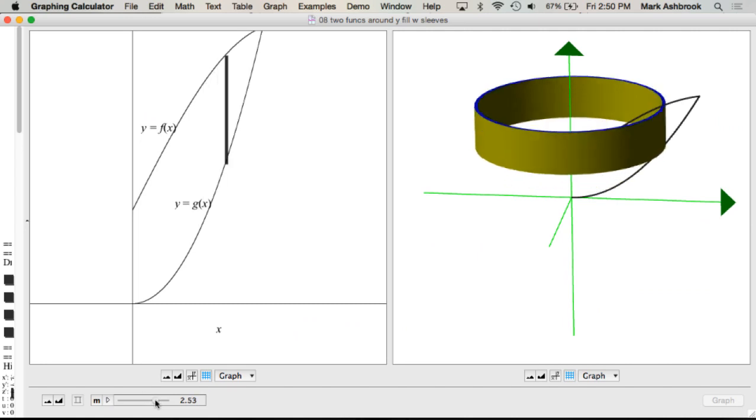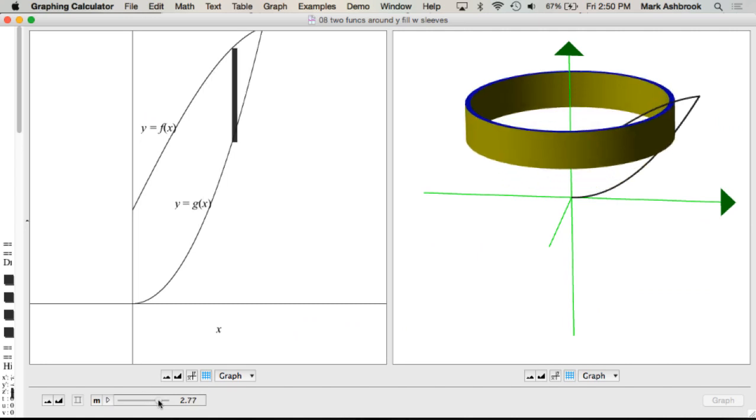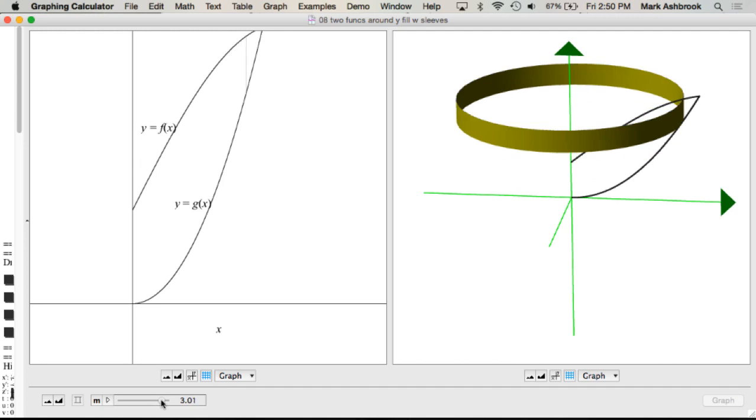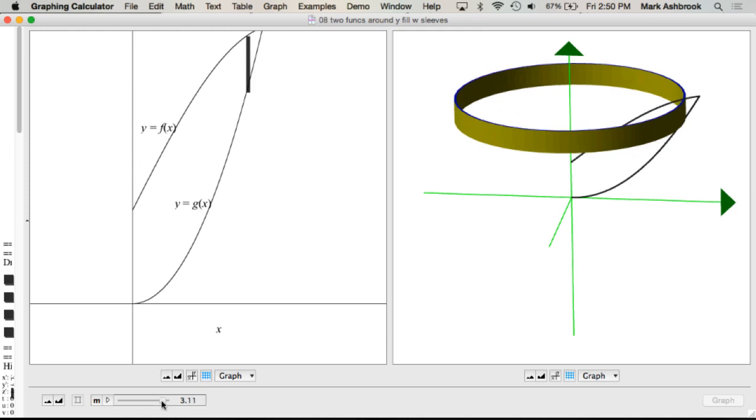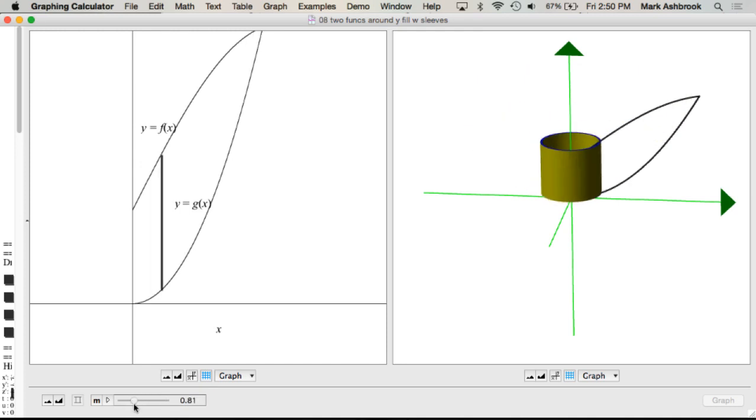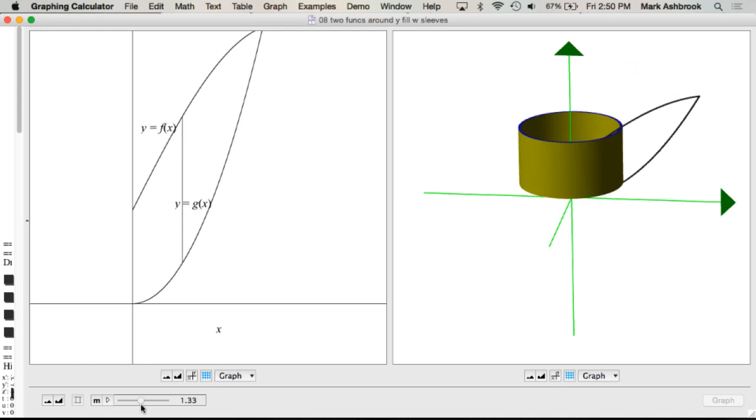As x increases, what's changing about these cylinders? Is the height changing? No. For the current value of x, the radius changes. The radius increases. And so what would the height of each cylinder be? How would you get the height of one cylinder? F of x minus g of x would be your height.